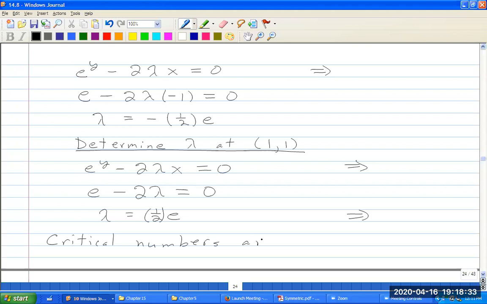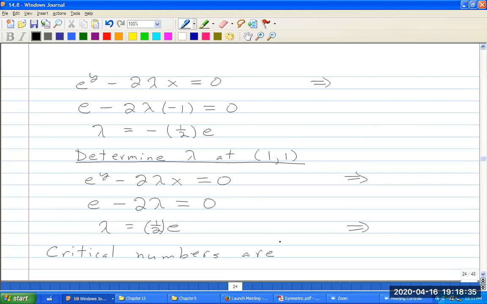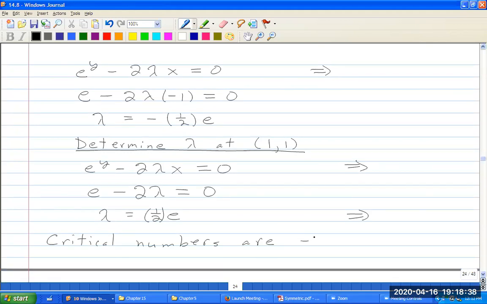Okay, so what are the critical numbers? They are (-1, 1) with lambda equal to -1/2 e, and (1, 1) with lambda equal to 1/2 e. So these are my two critical numbers. Okay. So now, and I wrote it the wrong way, didn't I?